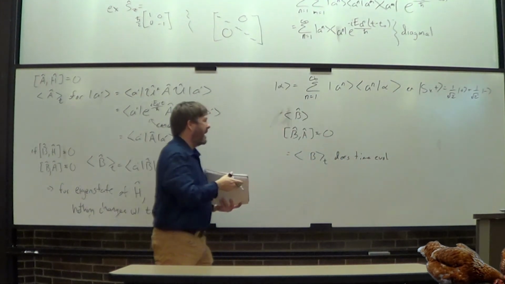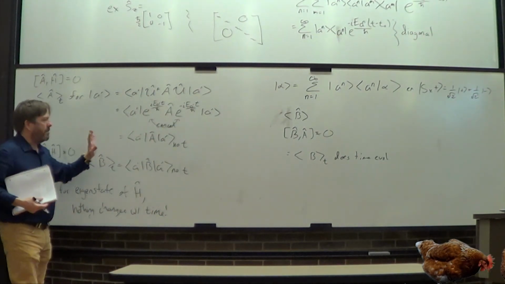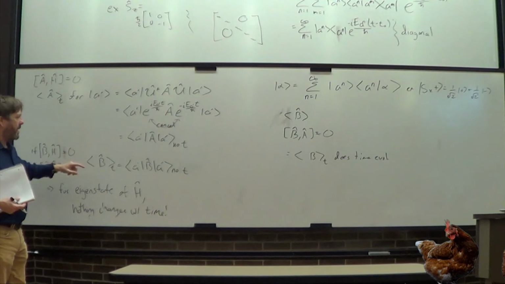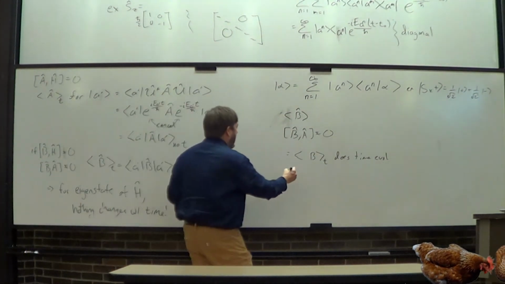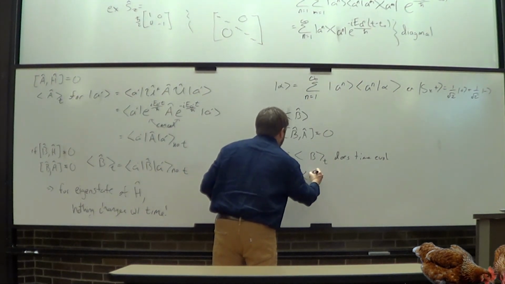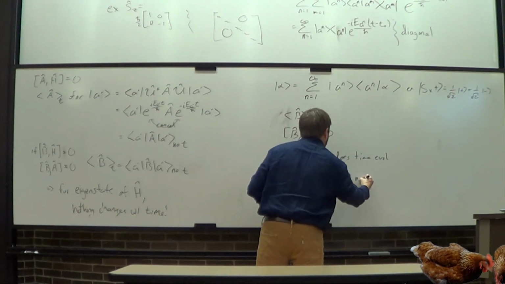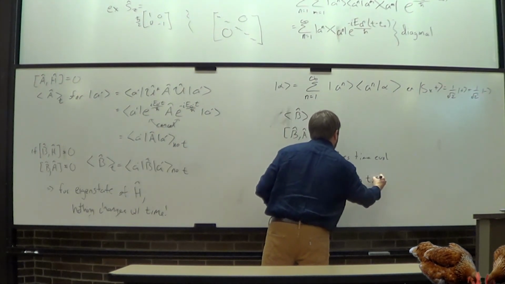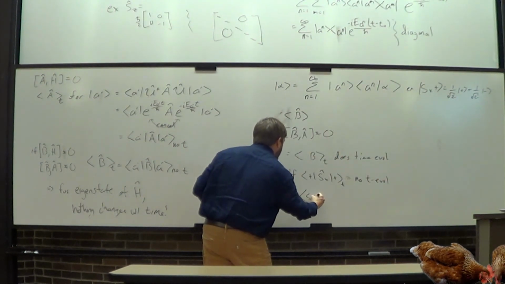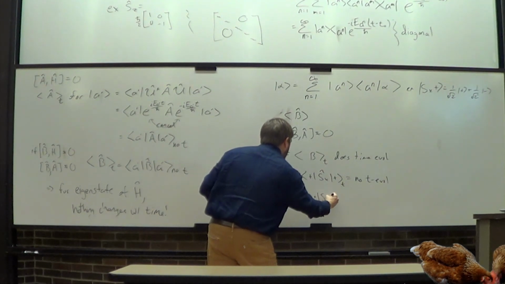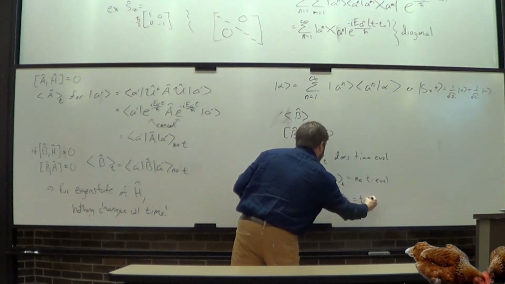But anyway, that's what we're going to do next time. So again, in the case of B being a funky operator that doesn't commute with anything, if you're looking at this, then you get no time involved. But when you do this, you will get time.